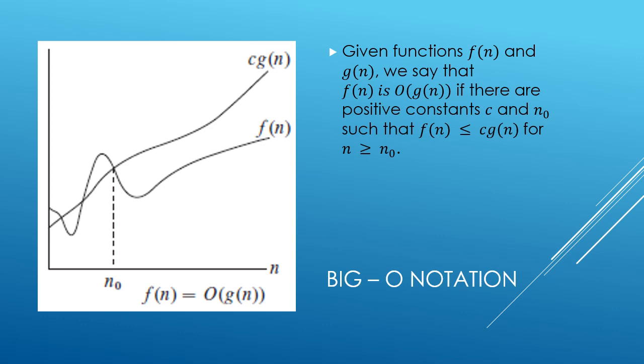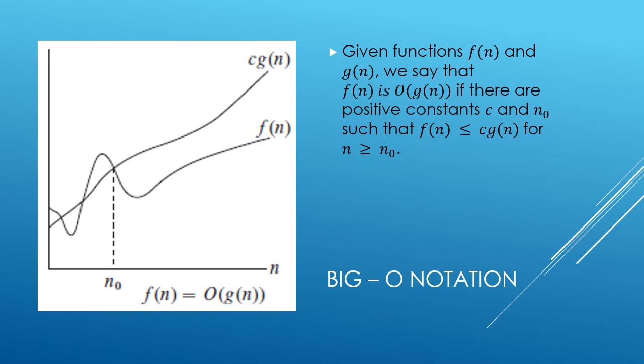N naught is not necessarily the point where the two curves cross. N naught can be any point on the x-axis after which the relationship f(n) is less than or equal to c g(n) holds till infinity. Whatever happens before n naught, we are not concerned with that.